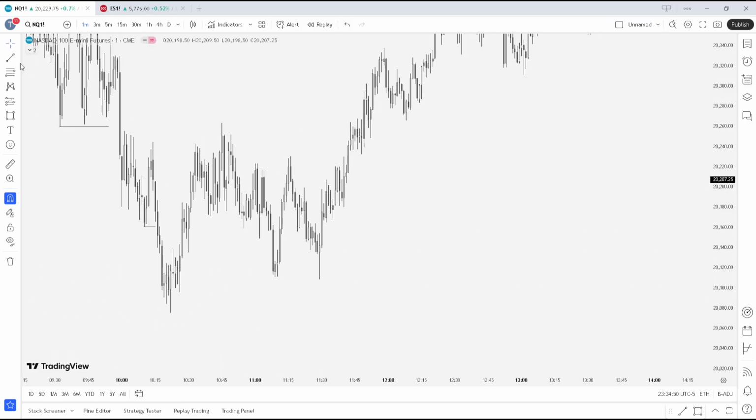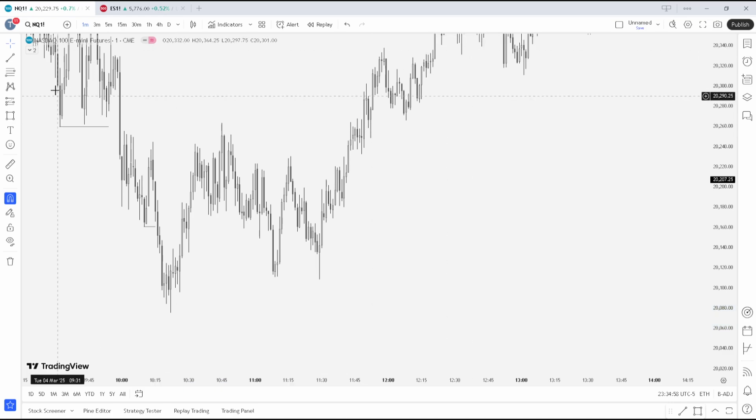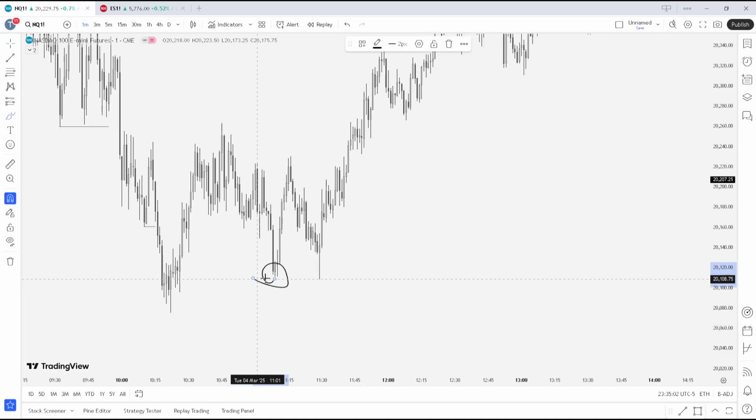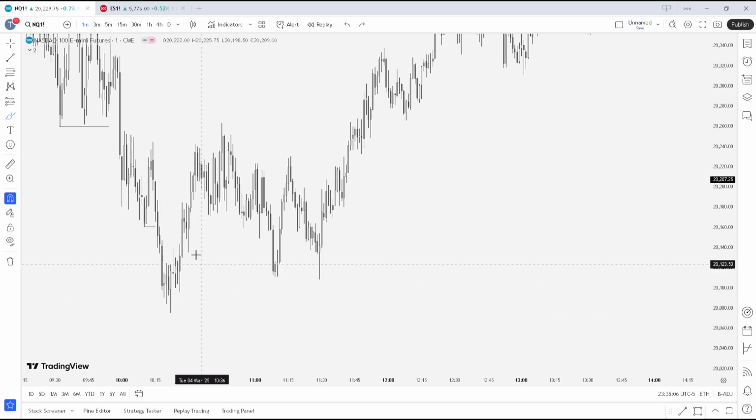Between this and this, there's a higher low. Let me mark it out. So higher low, this is a lower low.